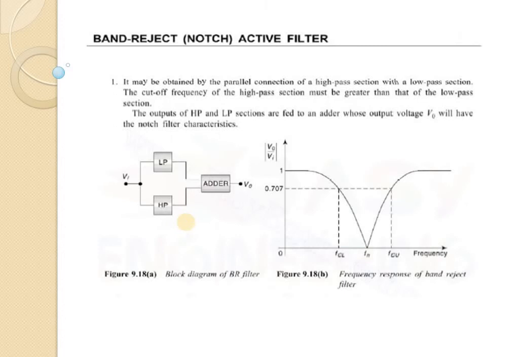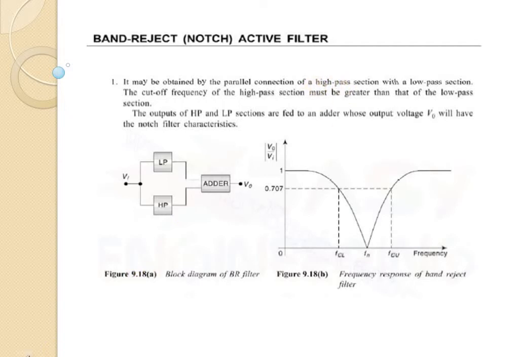Band reject filter is also known as notch active filter. It may be obtained by parallel connection of a high pass section with a low pass section.